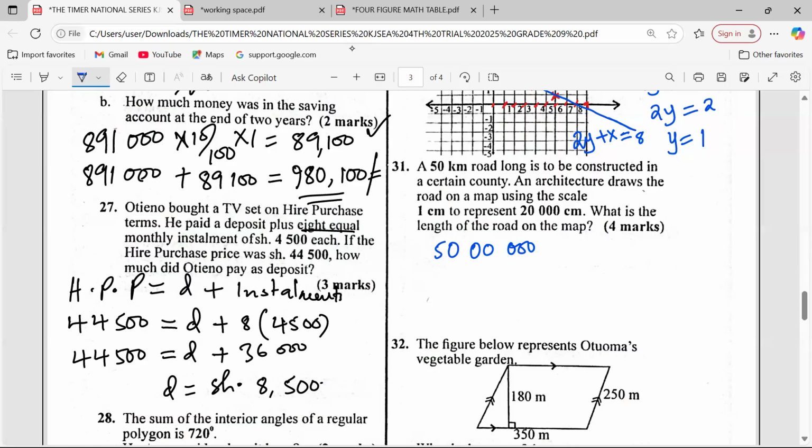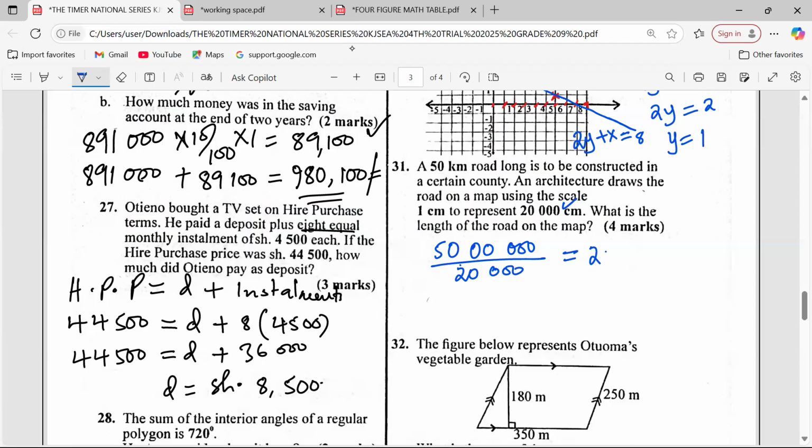Then these are the centimeters. 1 centimeter represents 20,000. So how many centimeters do we need to represent 5,000,000? If 1 centimeter represents 20,000, then how many centimeters do we need? And this is going to be 250 centimeters.